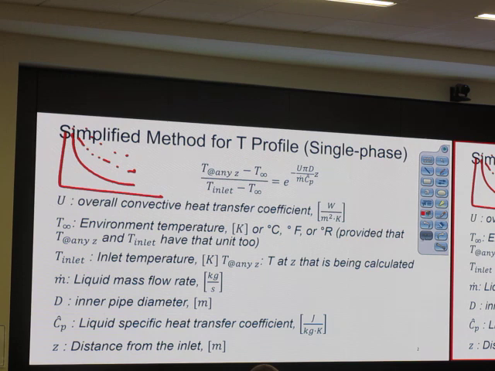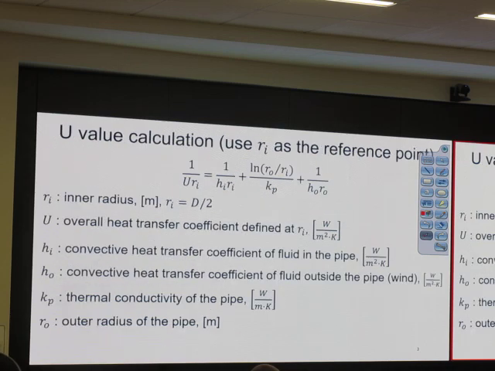This is a quick check for the result from any simulator. It works for any pipe that has heat loss, and it works very well for liquid flow. For gas flow, it doesn't really work because we have Joule-Thomson cooling when we have a pressure drop, and this doesn't account for any Joule-Thomson cooling.